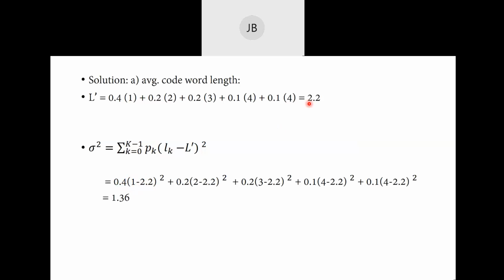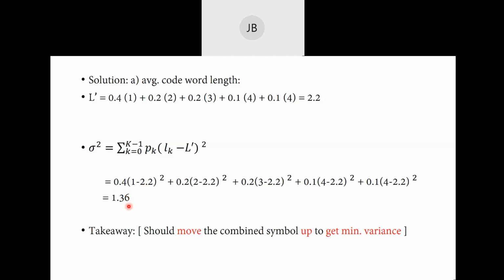The average code word length remains the same, that is what we have seen in the theory. So the average code word length remains the same no matter whether you place it at the top of the list or the bottom of the list. But when you find the variance, the values differ so much.